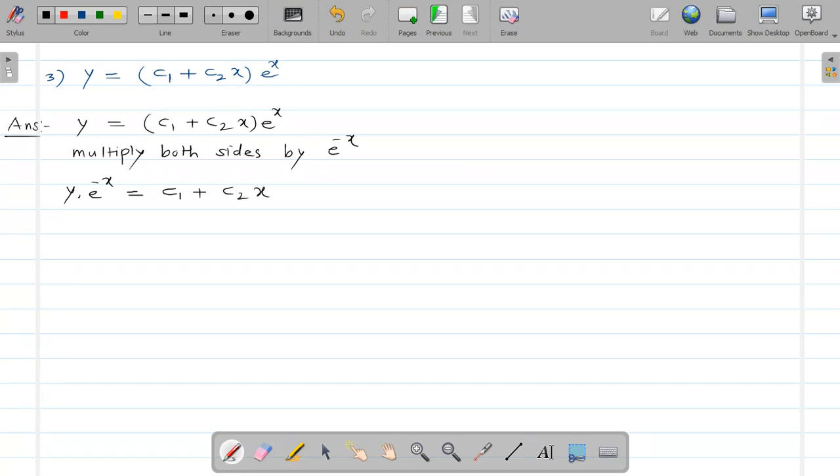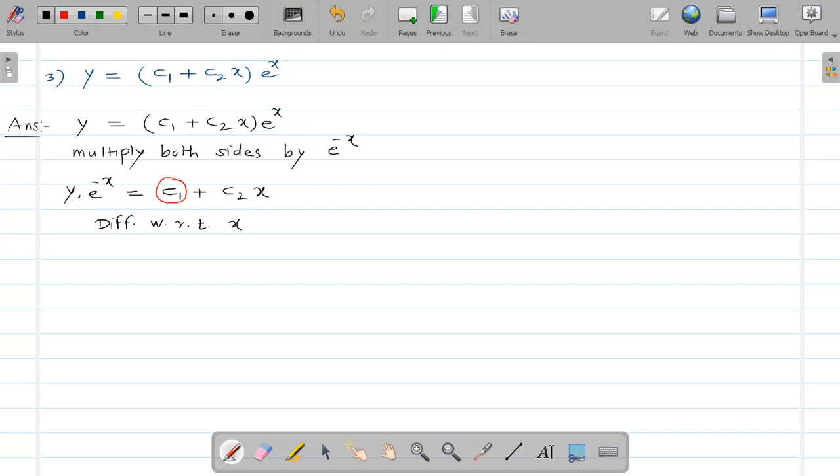Because of this, see here, this constant c1 is a single constant. So now if we differentiate this with respect to x, after taking the differentiation, the c1 will get cancelled. That is the main purpose that we have multiplied both sides by e raised to minus x, so that c1 becomes a single constant.